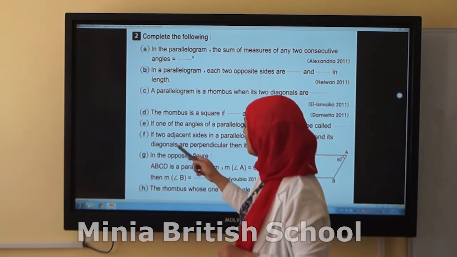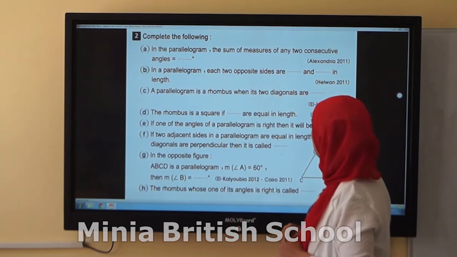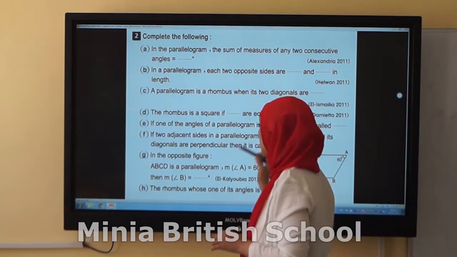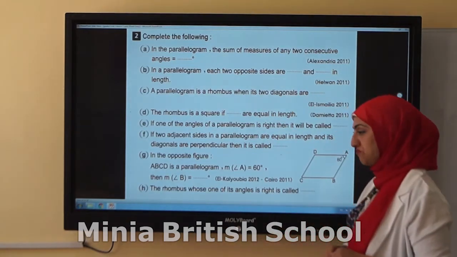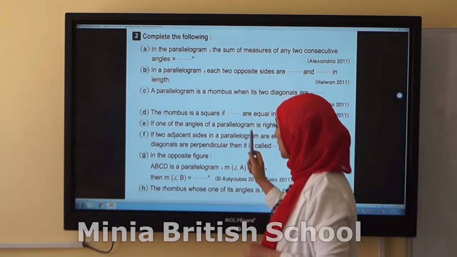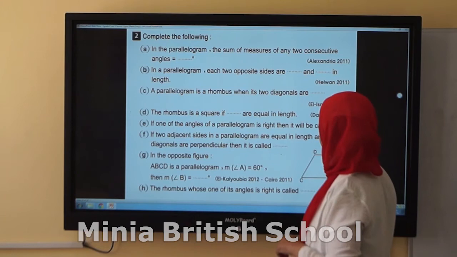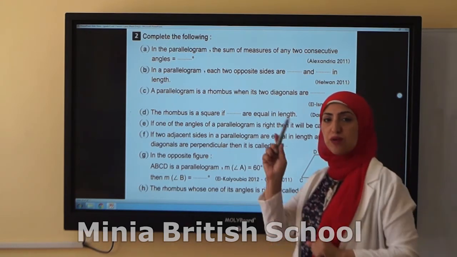If one of the angles of a parallelogram is right, then it is called a rectangle. Okay, one of you will tell me, no, it's a square. Yes, it's right. Rectangle and square, both of them are right.